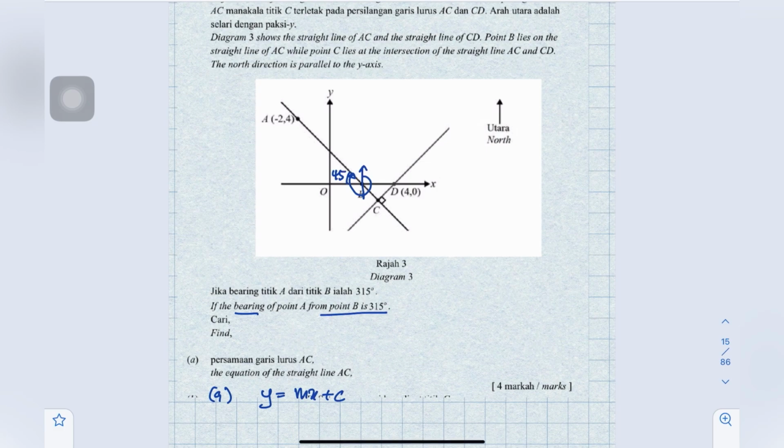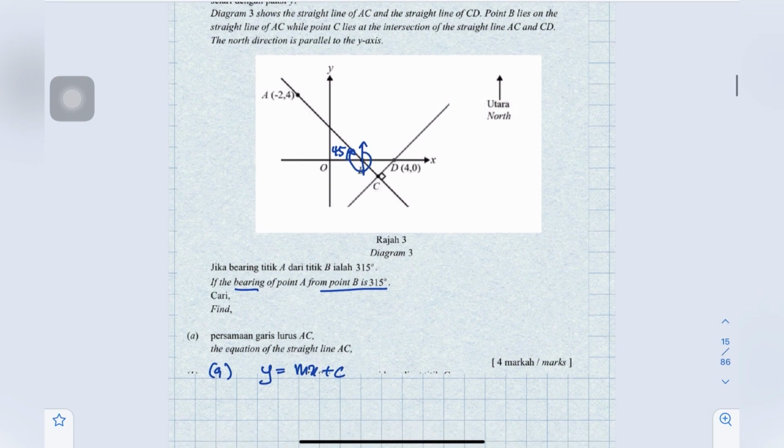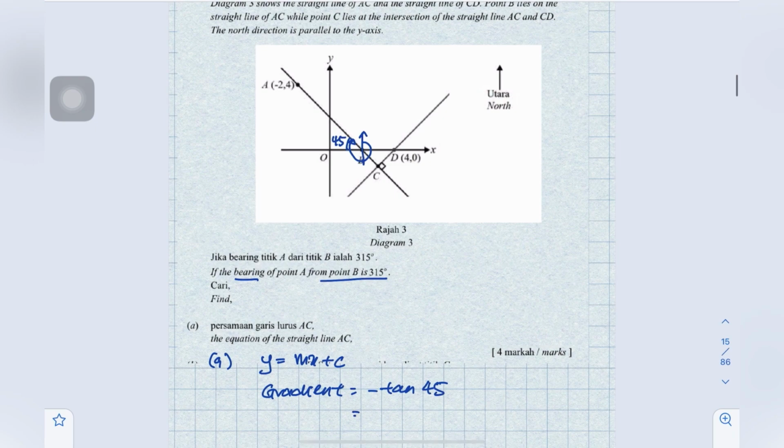Okay, so 45 degrees tu daripada B to A. So kita tahu yang kita boleh juga measure gradient by using tangent. So gradient, tangent 45, tapi AB tu gradient dia negatif sebab tangan kiri. So gradient is negative tangent 45. Okay, so tangent 45 is 1, so gradient is negative 1.